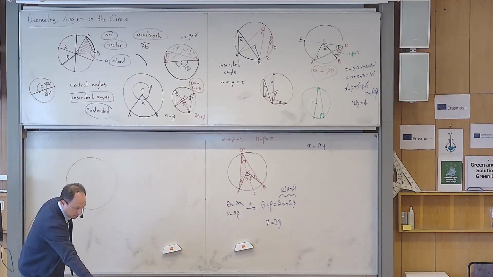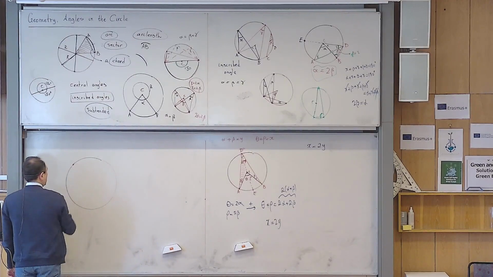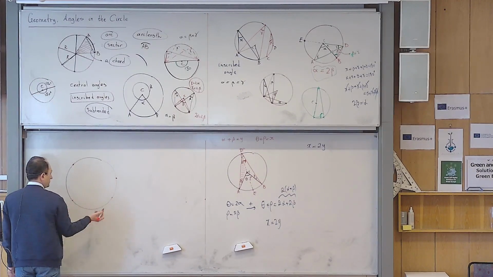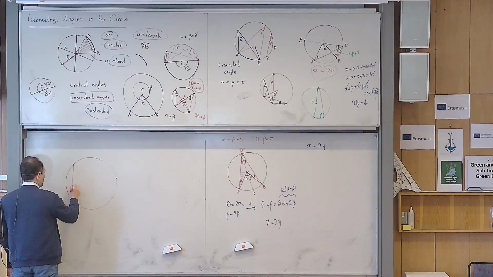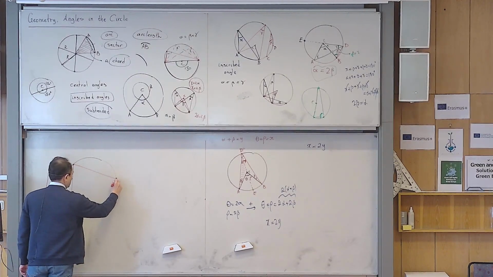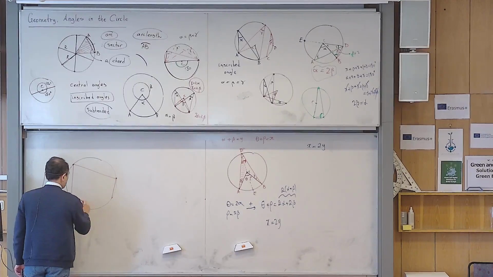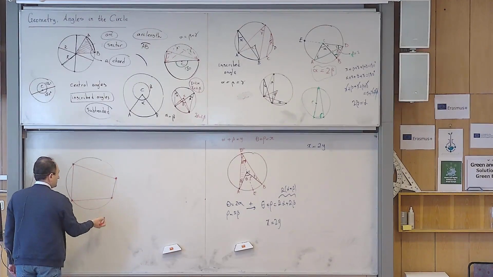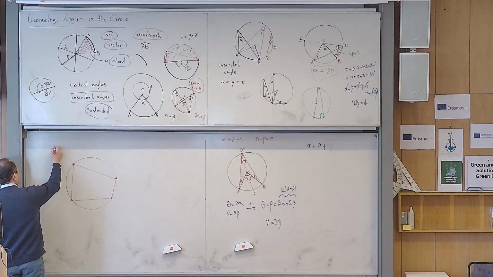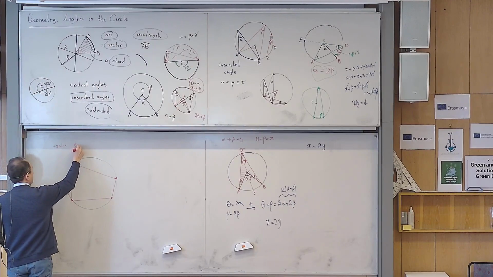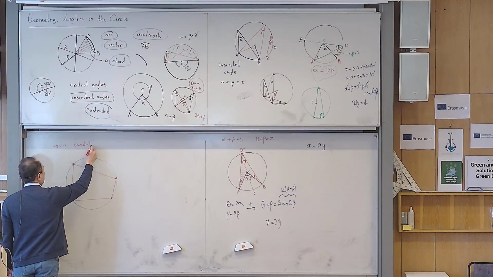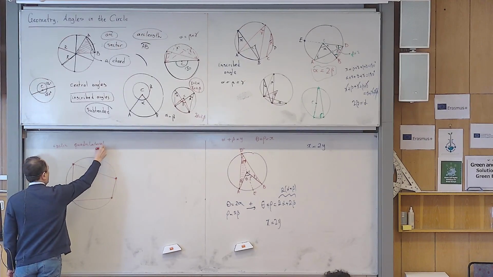So for example, I take a point, another point, another, and another, randomly, and then I draw my quadrilateral. The name is not in the book, but the English name is a cyclic quadrilateral. Forget about the name.